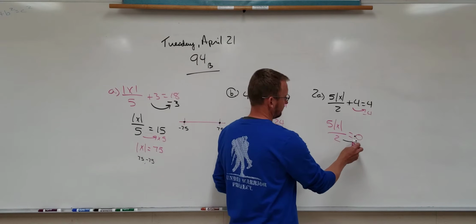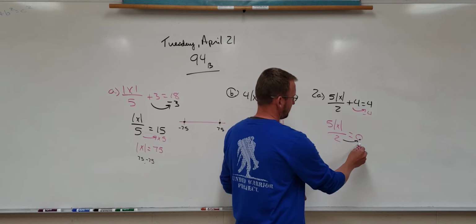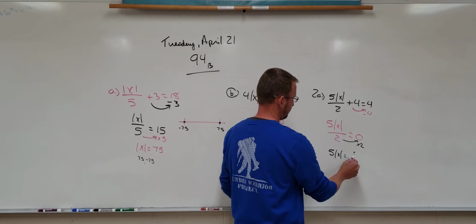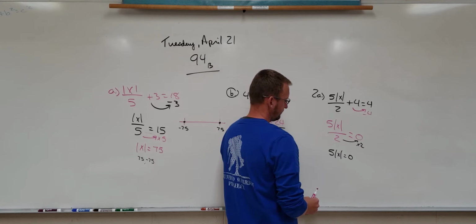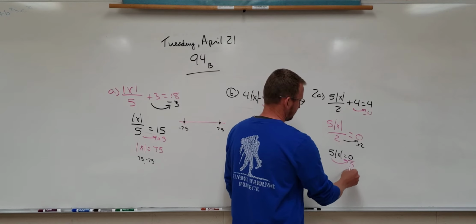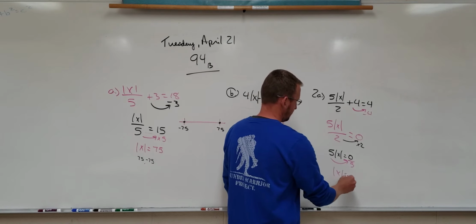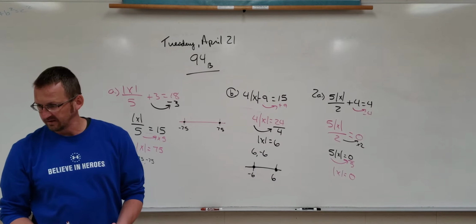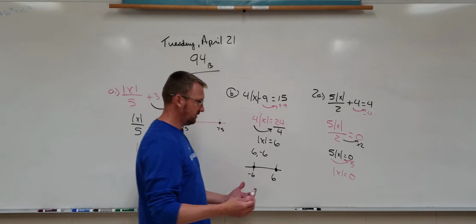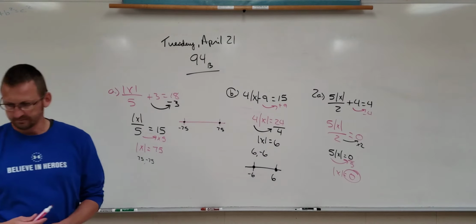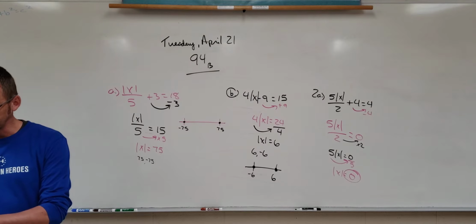When we take our 2 over and multiply, 0 times 2 is 0. I'm multiplying times 5, so now I need to bring it over and divide, and 0 divided by 5 is 0. So in this case, my answer is simply 0. We can't have a negative 0, so it's just 0.